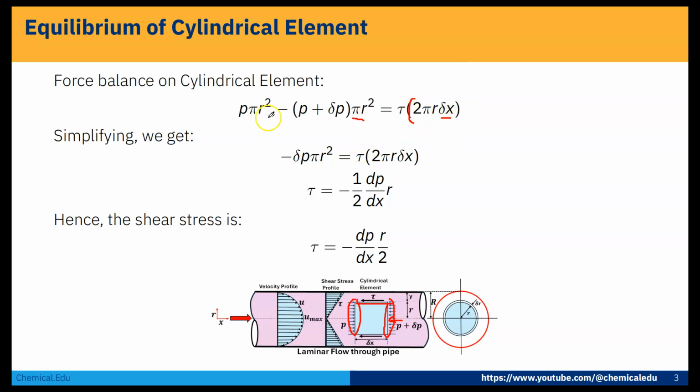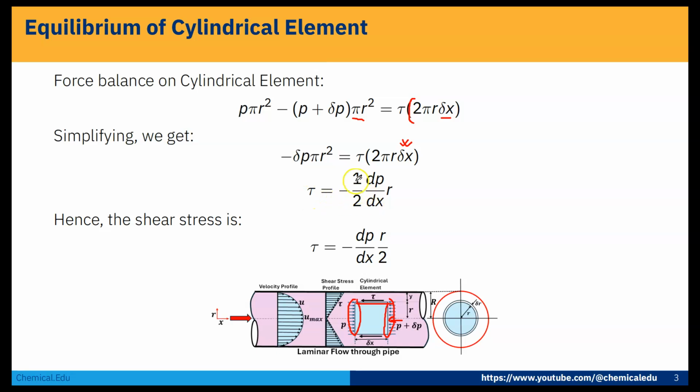Now if we simplify, P pi r square and pi r square cancel out, so minus del P pi r square is equal to tau 2 pi r del x. Now tau will be half of del P by del x times r. Although this is a partial derivative, as it varies in only one direction, the x direction, it becomes an ordinary differential equation.